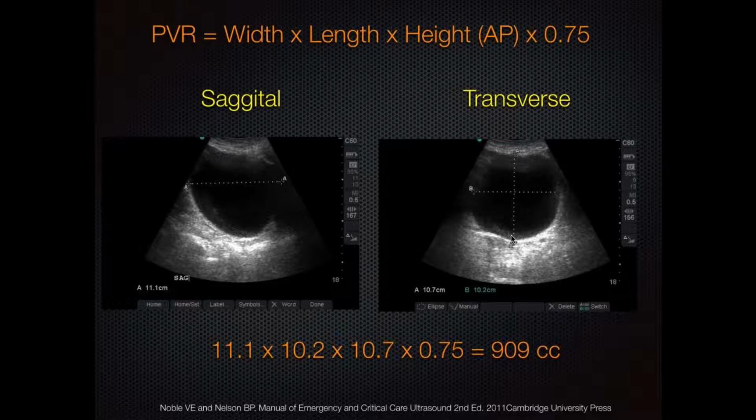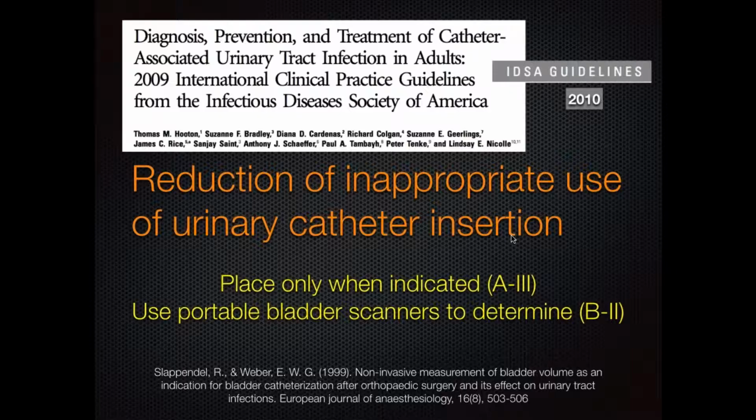Okay, so you will see different formulas used, and there are pros and cons to each of those depending on the sensitivity and specificity that you want in identifying urinary retention. But really the bottom line is that POCUS is very, very helpful in terms of reducing the inappropriate use of urinary catheters, and that's in concordance with the guidelines from the Infectious Disease Society of America.